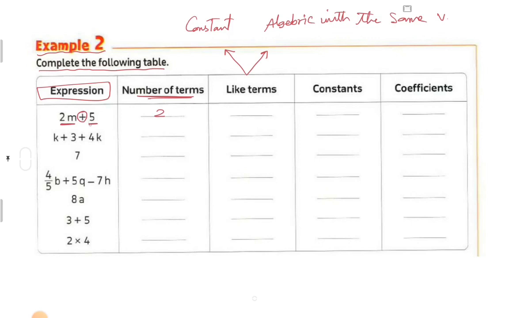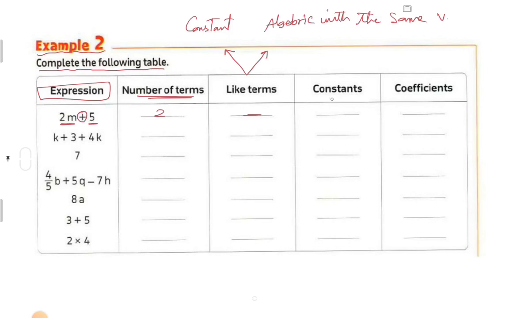Here we have just 5. 5 is a constant, but it's only one constant. And here we have an algebraic term, but just one algebraic term, so I don't have any like terms.